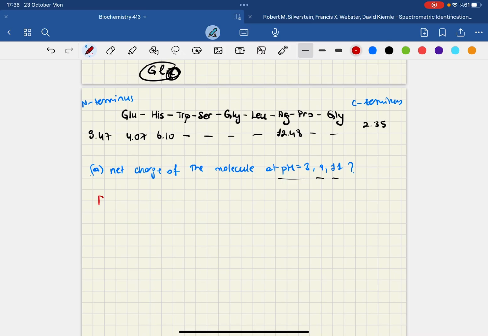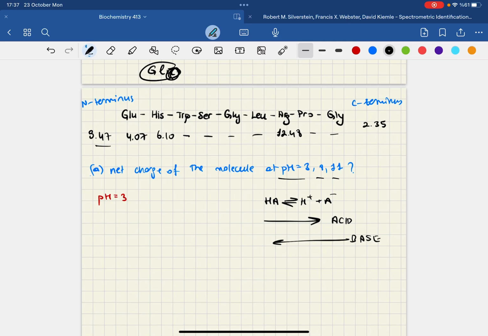When the pH is 3, we will make a small analysis. The N-terminus is of course basic. So when the pH is 3, it will react. This is the way an acid goes, and this is the way a base goes, all right?